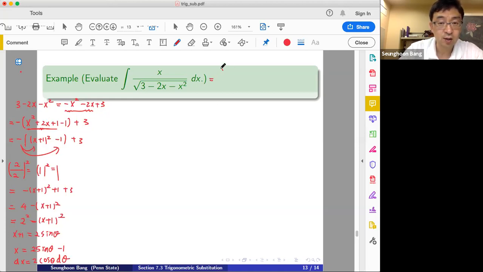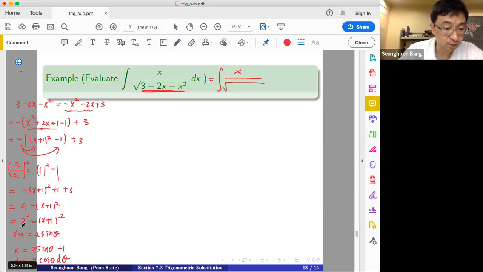You can change it. The same as the integral of x over the square root of 3 minus 2x minus x squared, changed to this form: 4 minus x plus 1 squared. This one, x equals 2 sine theta minus 1.